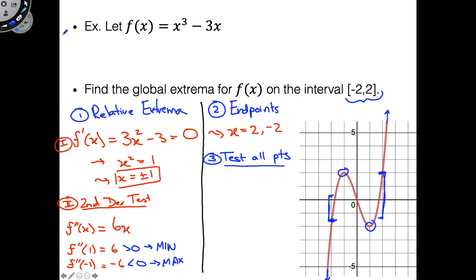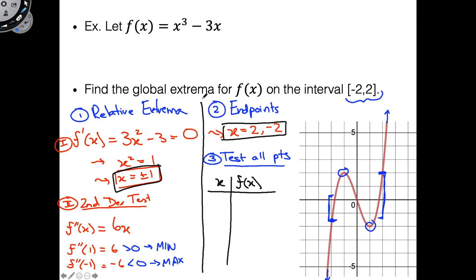How we're going to do this is we're going to draw a little chart right here, with x and f of x, and we're going to plug in each of our potential candidates, which are going to be these and these. We're going to plug these into f of x and find which one is the biggest value and which is the smallest value, and we're going to use that to judge absolute extrema.